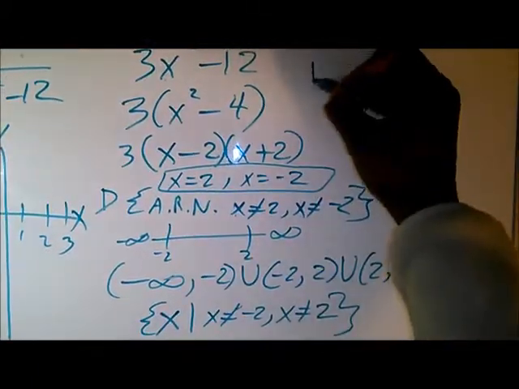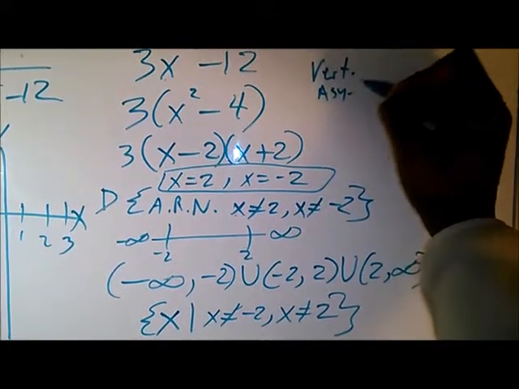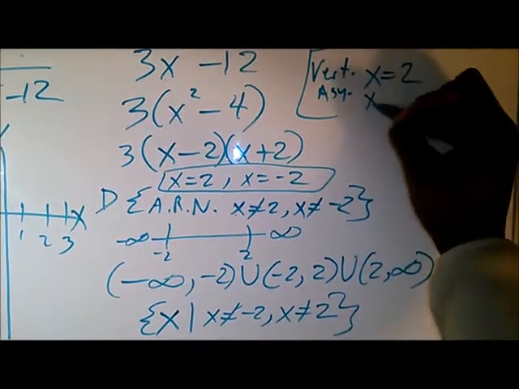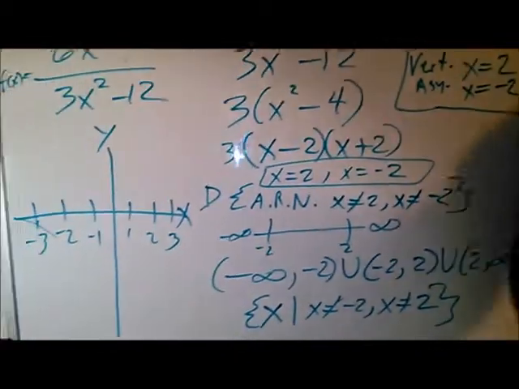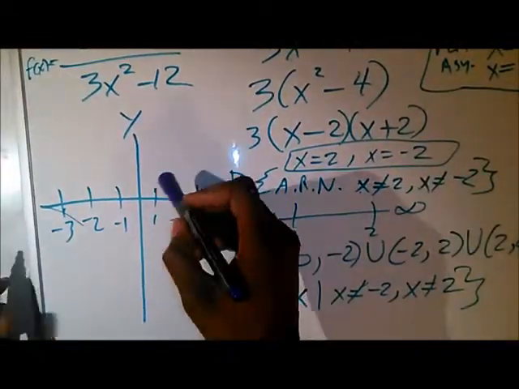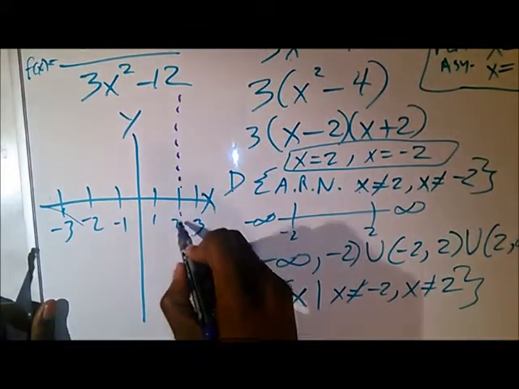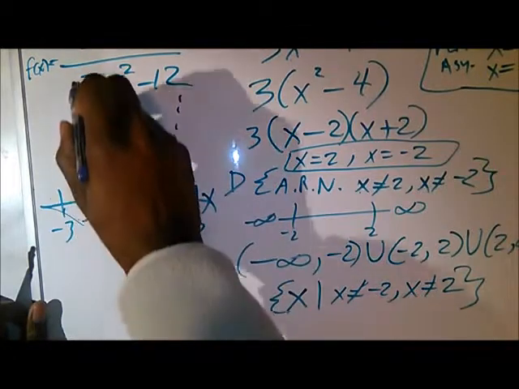So our vertical asymptotes are x is equal to 2, x is equal to -2. Let's put them over here. x is equal to 2, goes on forever. x is equal to -2, goes on forever.